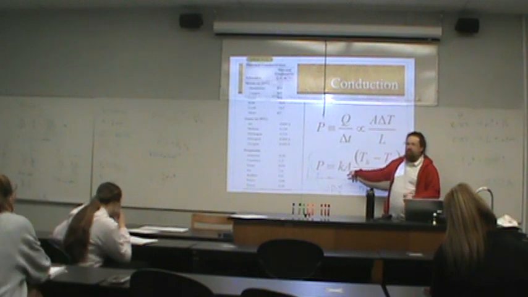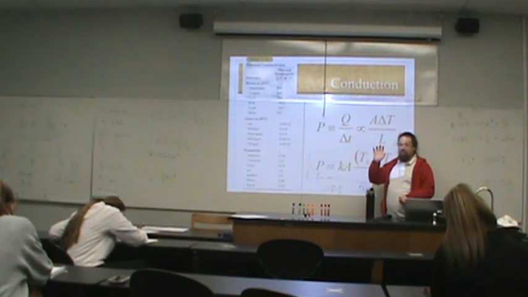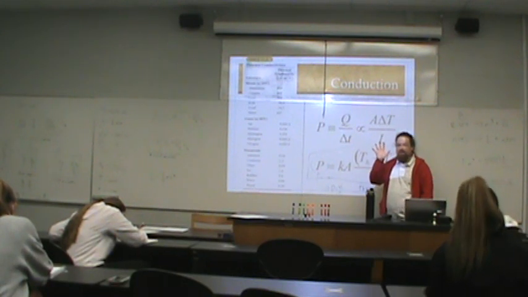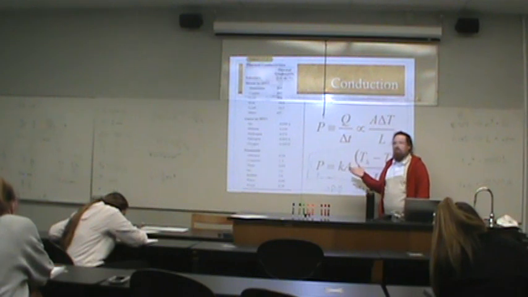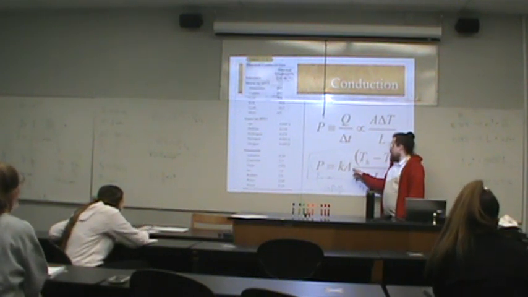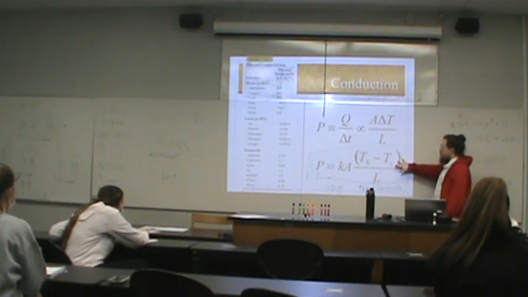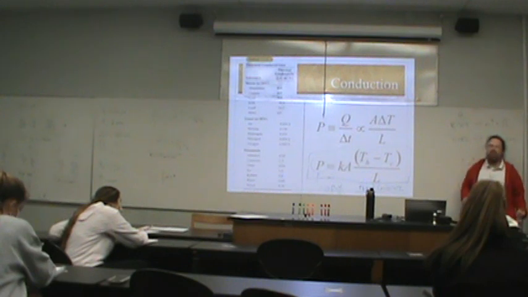A is the surface area that thermal energy transfers through, which is the surface area of your hand, usually. If your hand was bigger, you'd be touching more thing at once, more thermal energy would come out. With this, TH minus TC is the difference between the temperature of the hot object and the cold object.